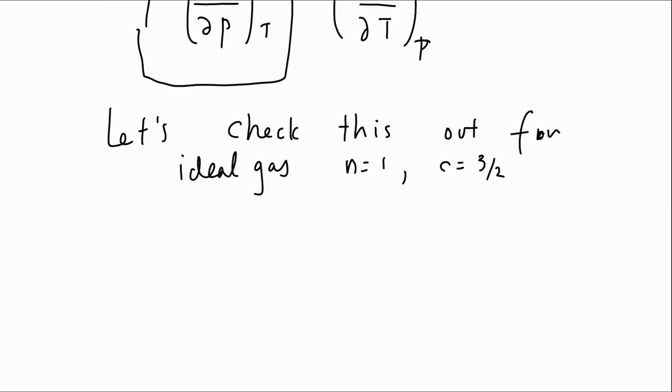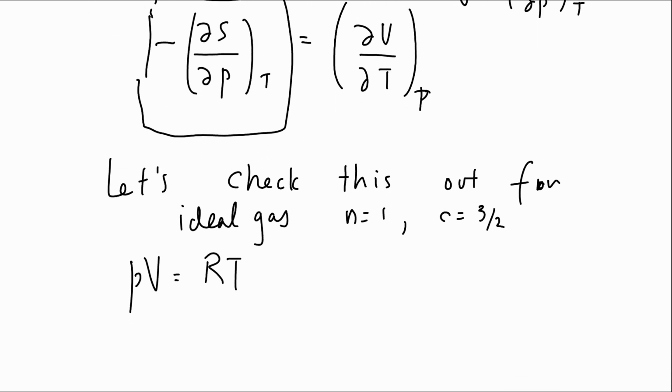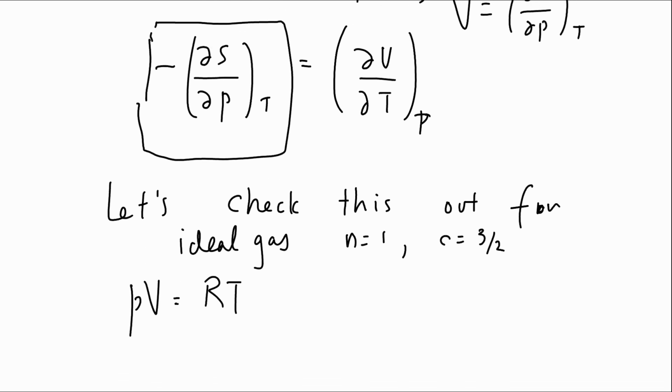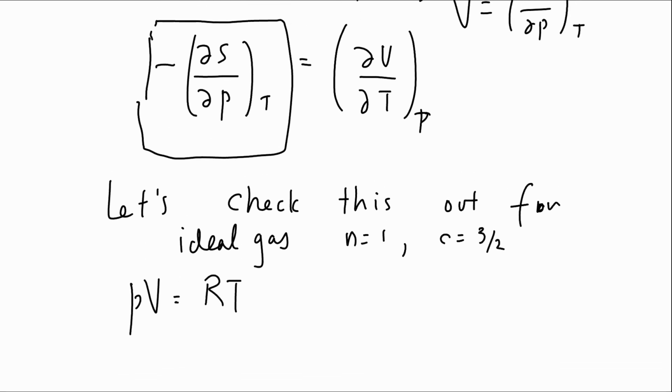I know that PV equals RT, and I know I have an S here. Why did I write that down? Because I'm desperate. It's an exam, I write everything I know. But it is true for the ideal gas, and it happens to be useful because I look over here and I see there's a V, a T, and a P. So PV equals RT is a very promising place to work, at least on the right-hand side.